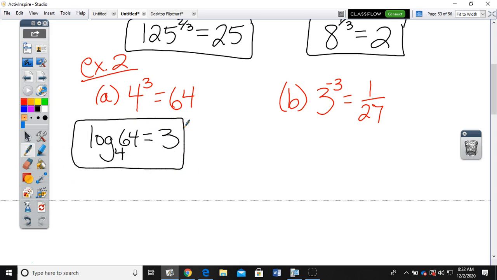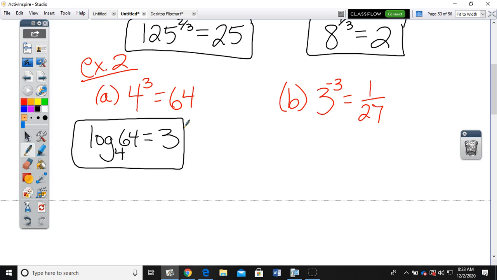And again, understand, all a logarithm tells you is what exponent do you have to take 4 to, to get 64? That's what it's asking. That's what the answer is. So 4 to the 3rd power is 64.